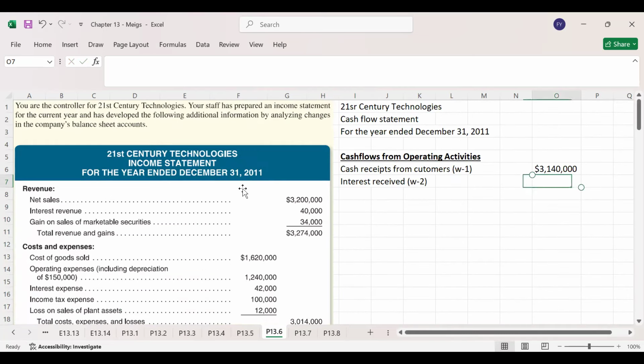So we have $42,000. So by adding these two, we get total cash inflows from operating activities.